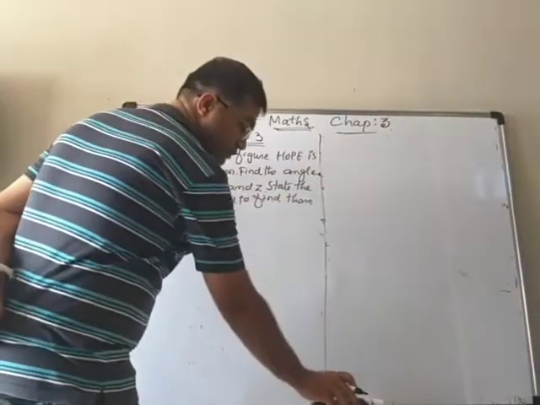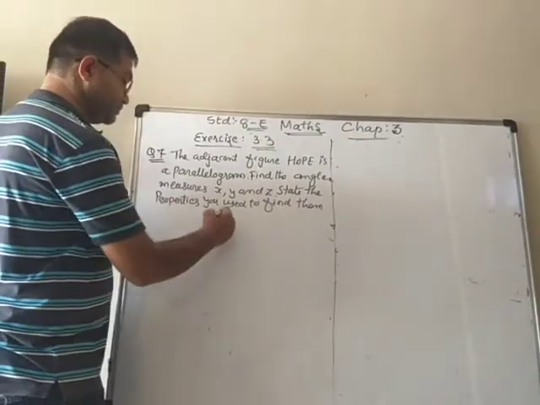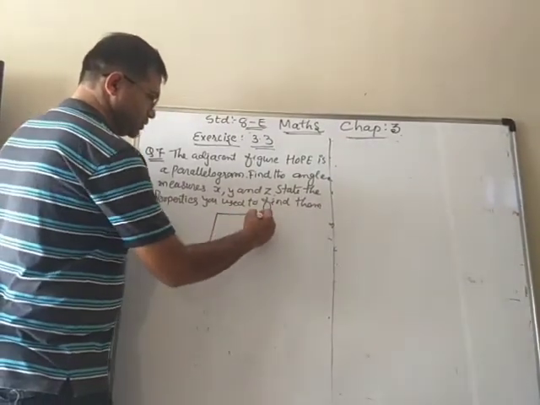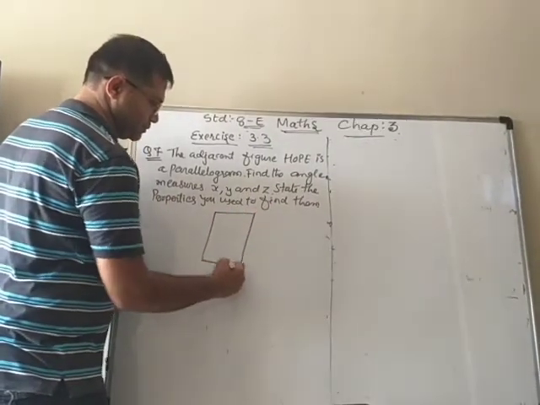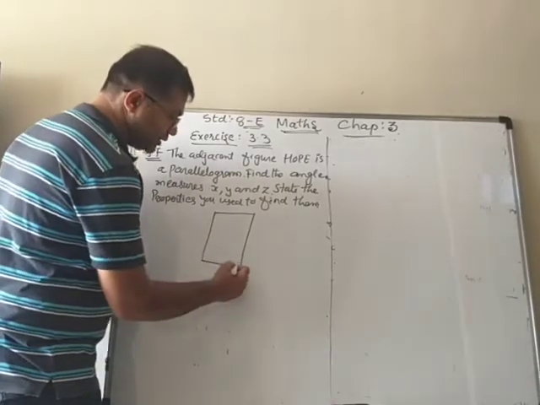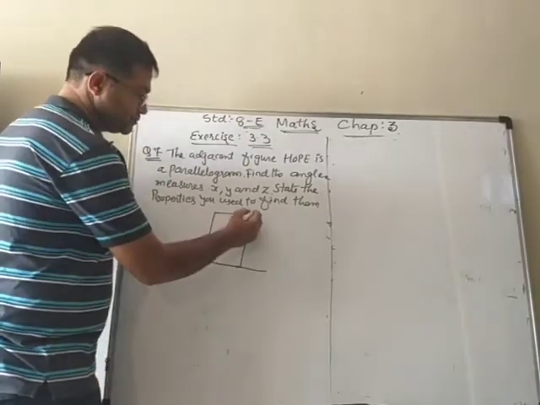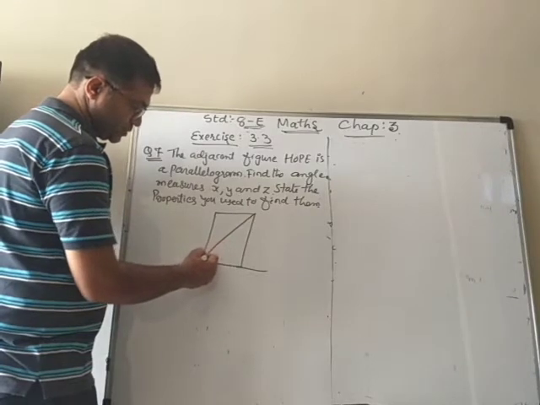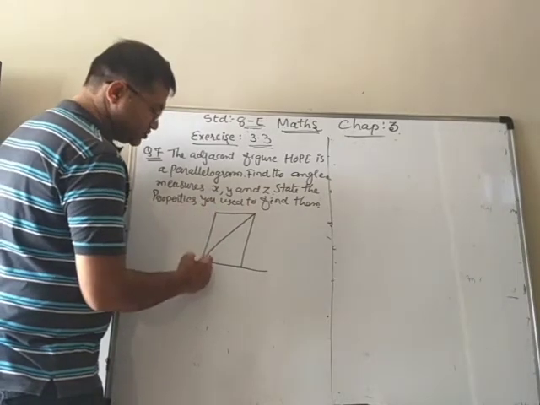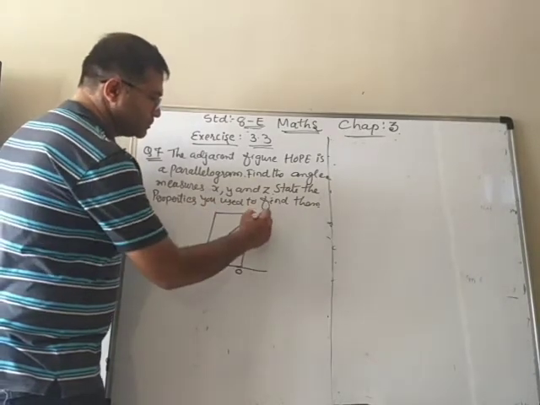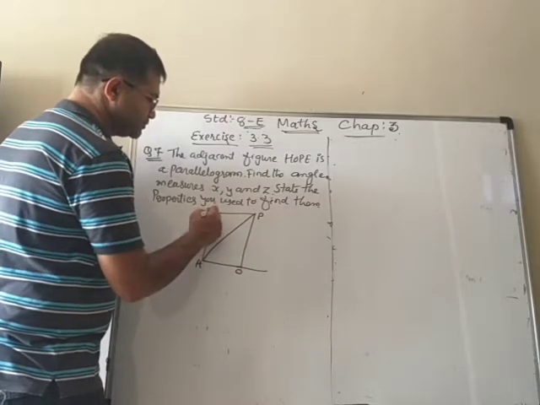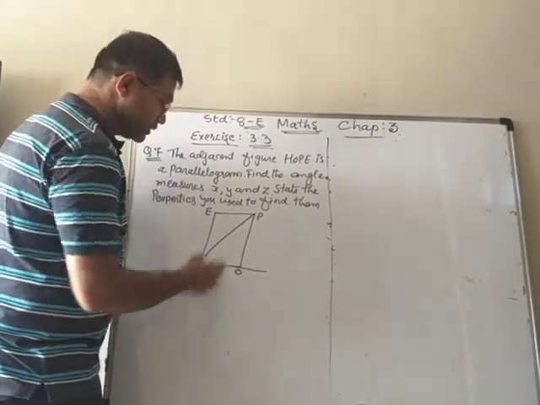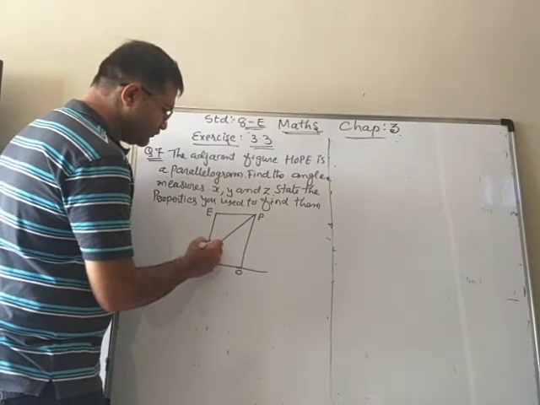So first we will see what is the picture here. And here it is like that. H O P E. Here the angle is given 40 degree.